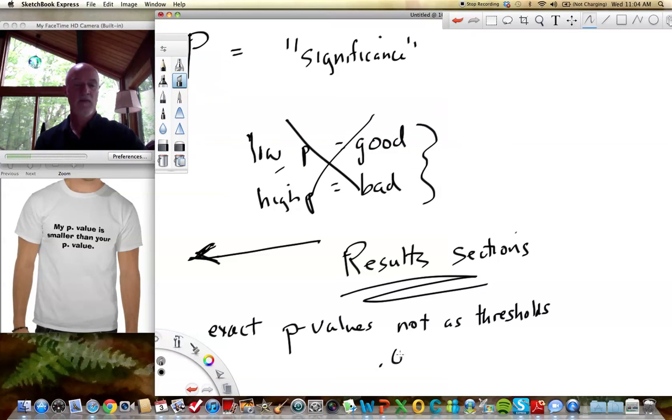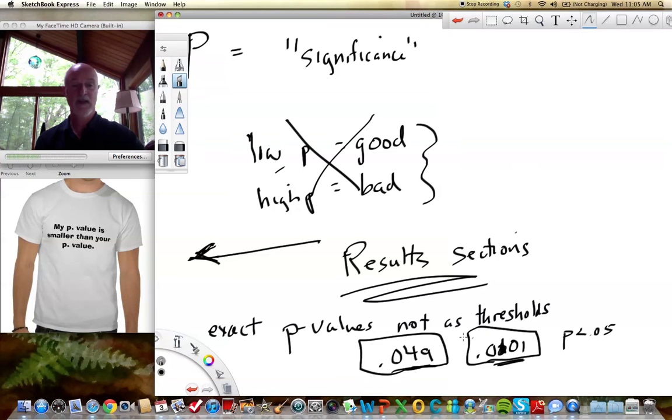If we have a p of 0.049, it doesn't mean the same thing as a p of 0.0001, for example. In the long distant past, someone might have put these in the same category of p less than 0.05, but now we report exact p-values because these have quite different meanings. One of them is about 5 times larger than the other.